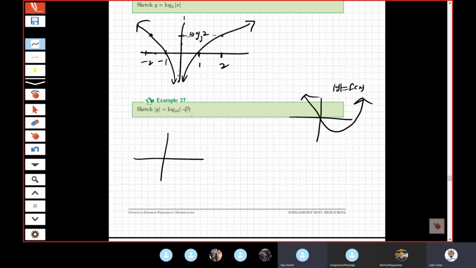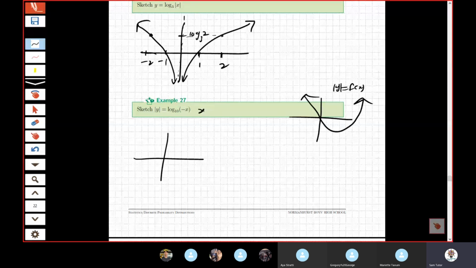Oh, no, it can't be. If x is greater than 0, then that's going to be negative. X itself has to be a negative. Do you get that? So x has to be less than 0. So then when that becomes a negative of a negative, it still works. It's still positive again.